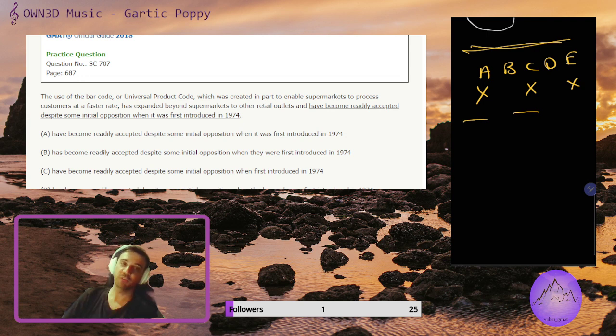Oh, another really obvious thing that's wrong with it that I didn't even get to, and actually I should have. In hindsight now, I should have read this all the way through, because it's an even more obvious reason to get rid of it. Barcodes, when it was first introduced. So barcodes, plural, have, still plural, become readily accepted despite some initial opposition when it was first introduced.